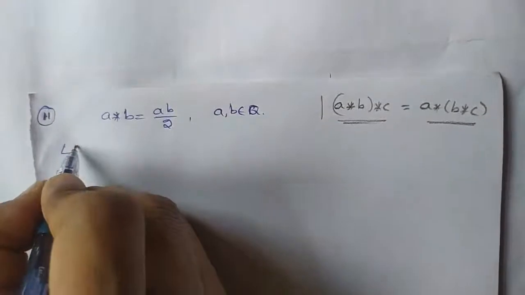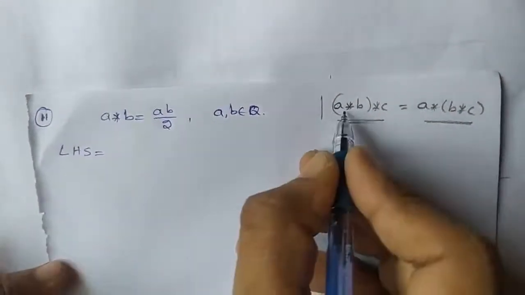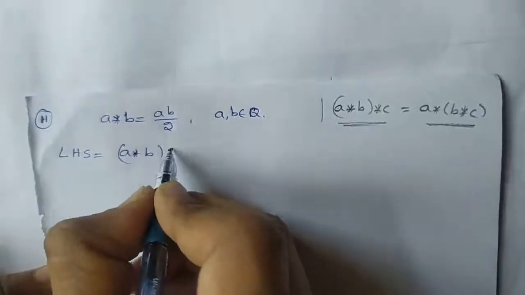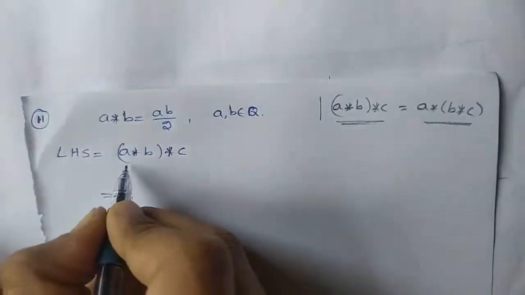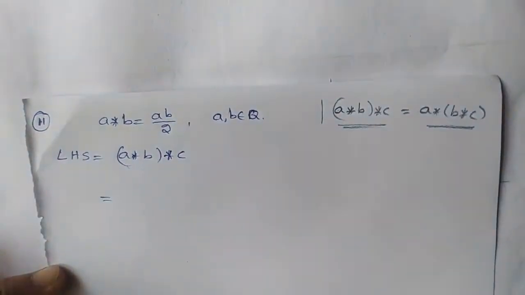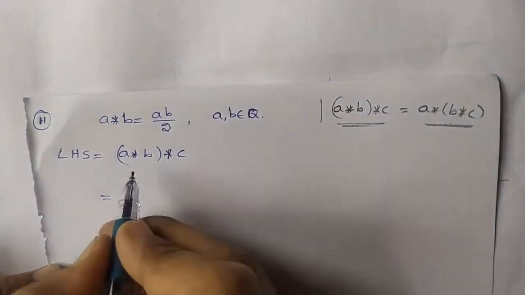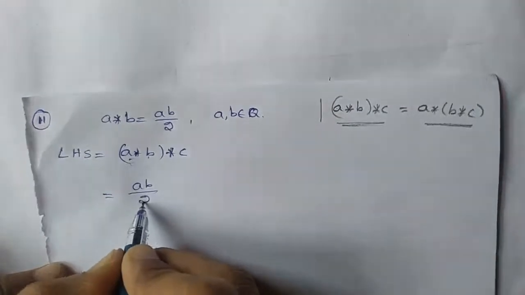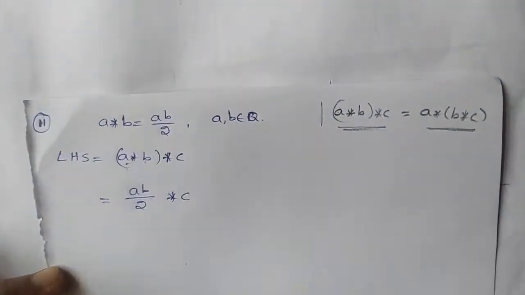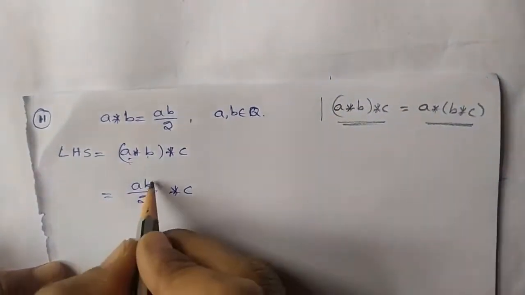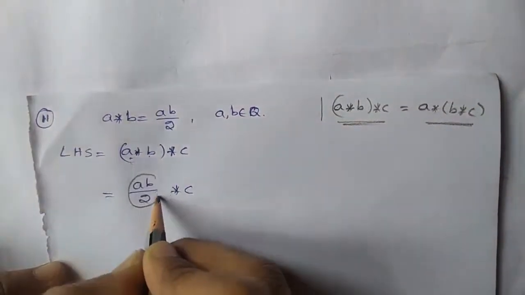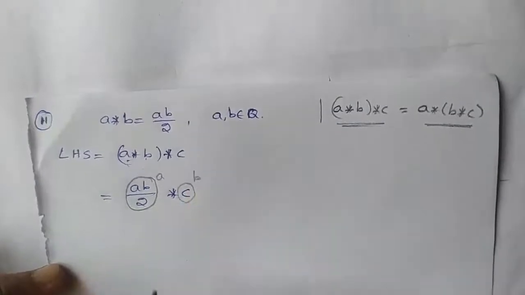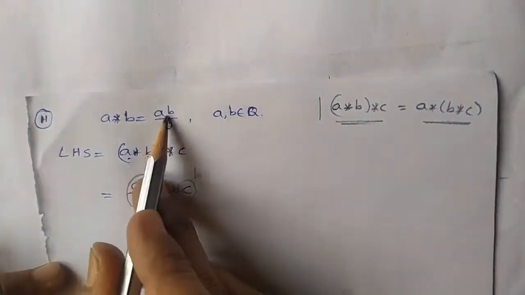Take the LHS. LHS equals A star B star C. A star B is AB by 2, so AB divided by 2 star C. Let us apply once again. In place of A we have AB by 2, in place of B we have C. A star B is AB by 2.